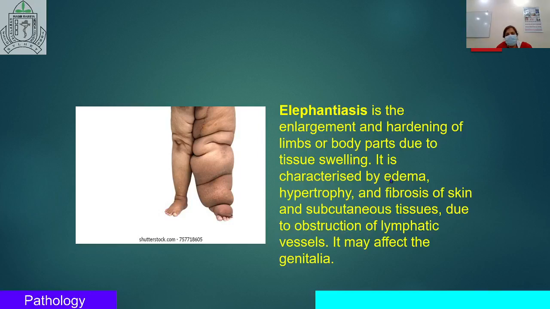It is characterized by edema, hypertrophy, and fibrosis of the skin and subcutaneous tissue due to obstruction of the lymphatic vessel. It may occur in genitalia. So, elephantiasis is an edema due to lymphatic obstruction. Simply, edema due to lymphatic obstruction.